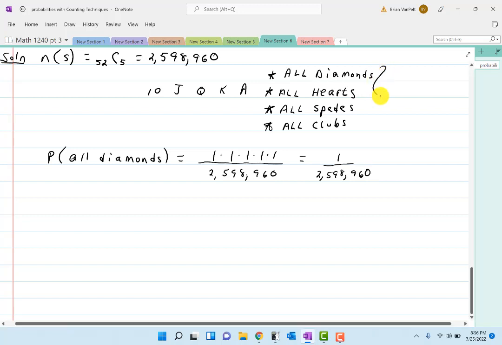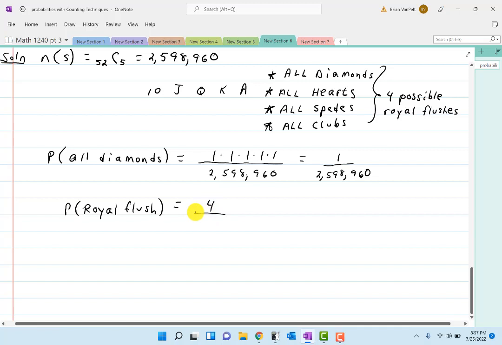Now that's not the only royal flush there is. Here you have a total of 4 possible royal flushes. So if I want the probability of a royal flush, I simply have to multiply my result by 4.